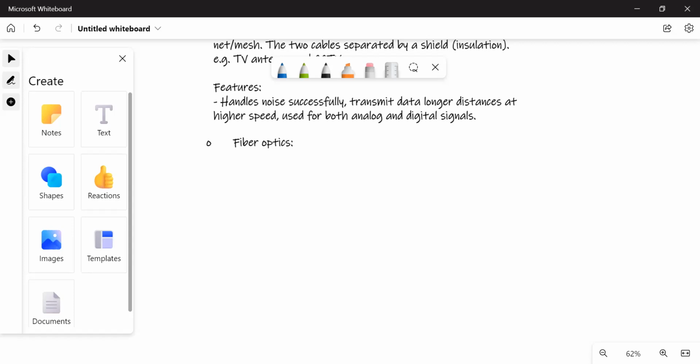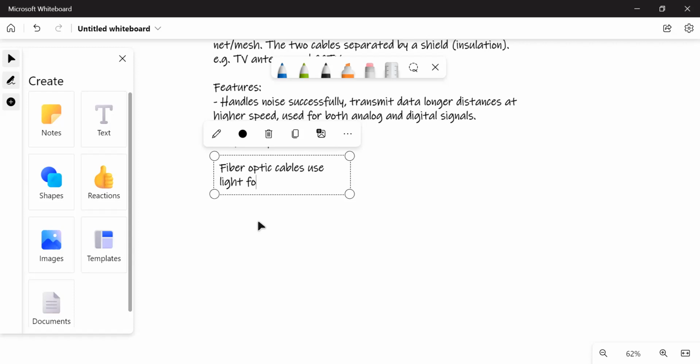So when you look at fiber optic cable, let's write down fiber optic cable. We can say fiber optic cables use light for data transmission.